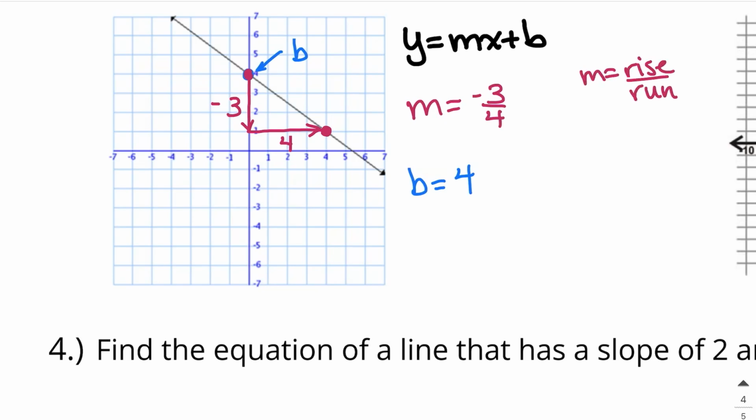You could have also gone the other way and said that it was +3 over -4, but that would still end up being a negative number. So now that we've done that, we can just replace the m right here and the b right here, and then we should be good to go to write our equation. So our equation would be y equals -3 over 4x, and then plus 4.